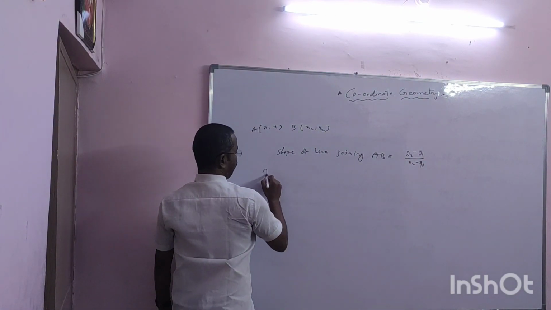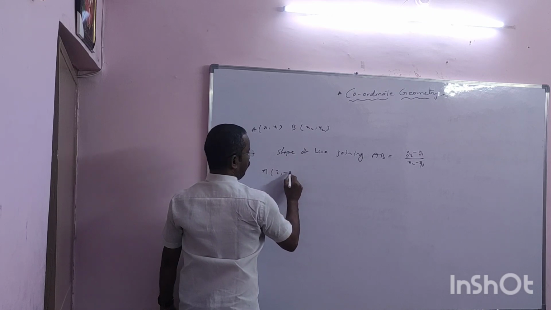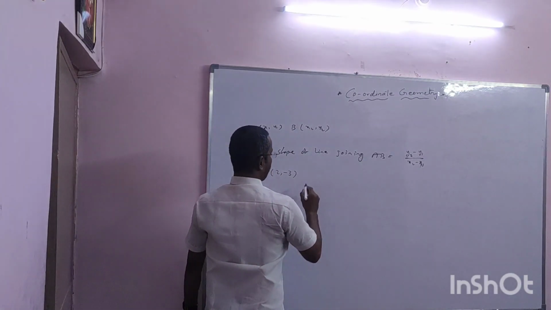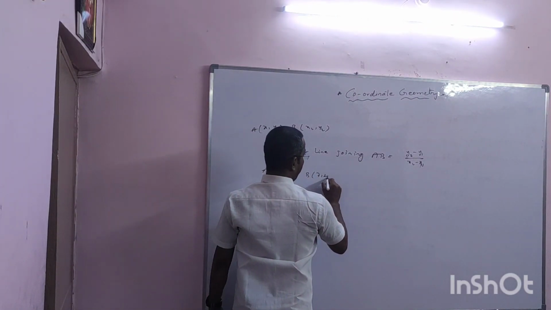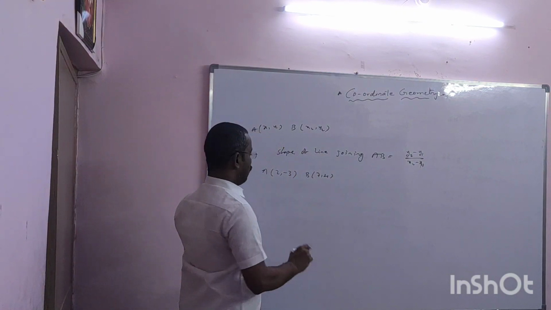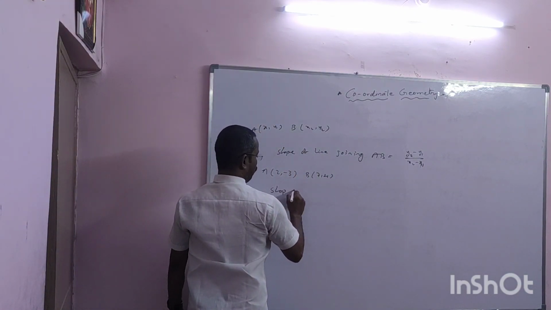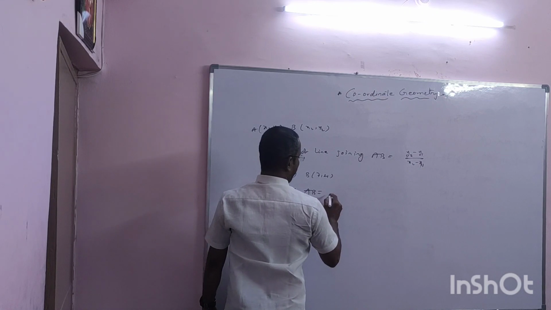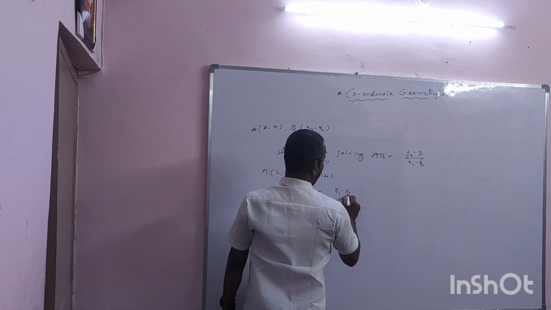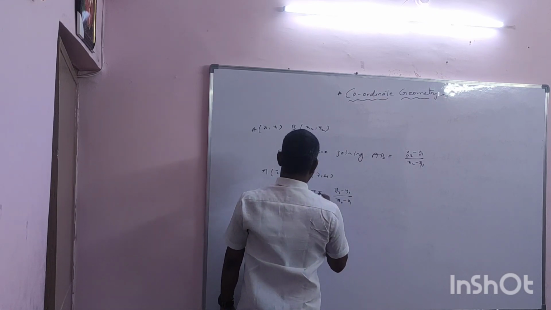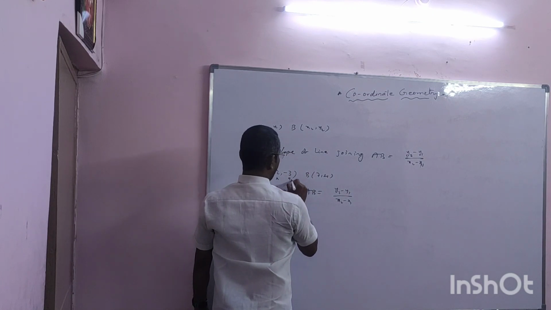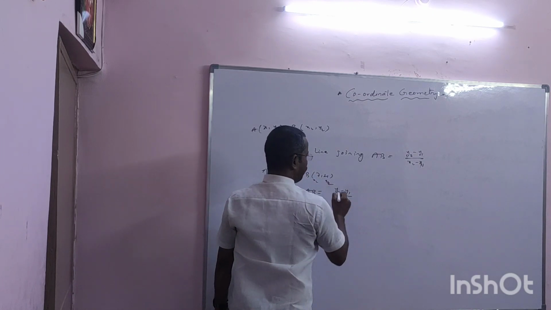So this is the last exercise pattern. If you take A (2, minus 3) and B (7, 4), and you want to find the slope of AB, it is, as you said, (y2 minus y1) by (x2 minus x1). This is x1 y1, x2 y2.